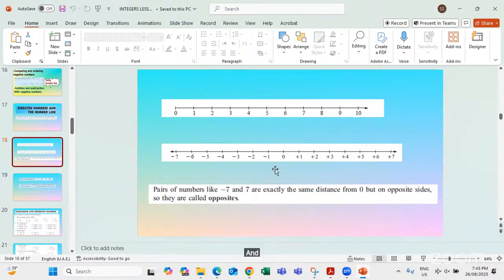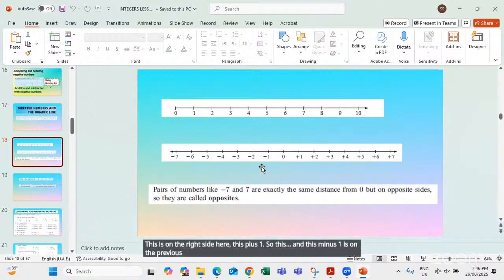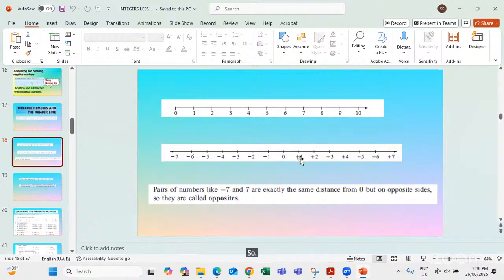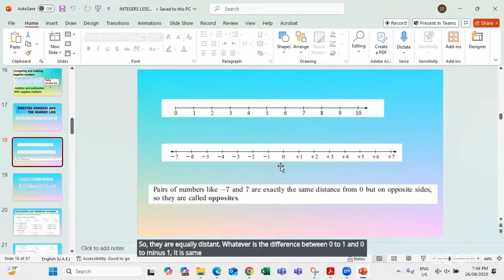One very important thing: +1 is on the right side, and -1 is on the opposite side. So they are equally distant. Whatever the difference is between 0 and 1 and between 0 and -1, it is the same, only the direction is different.